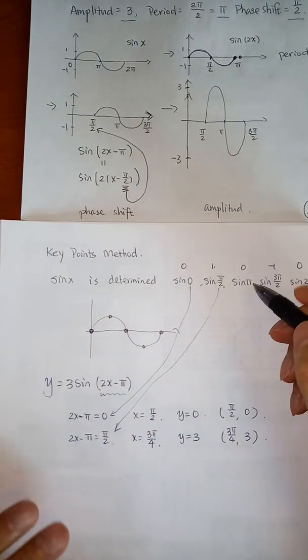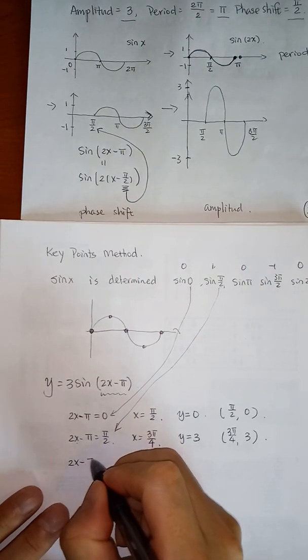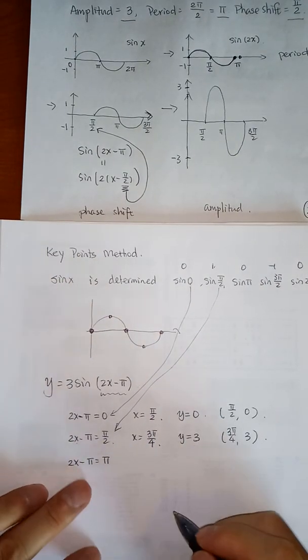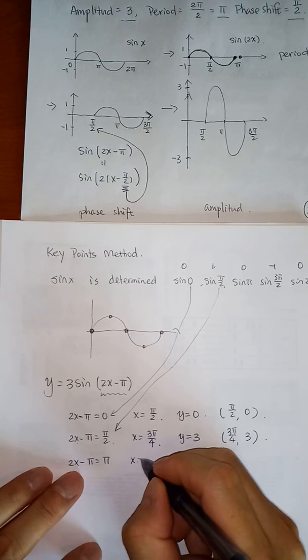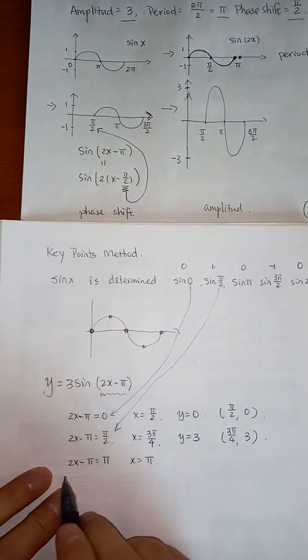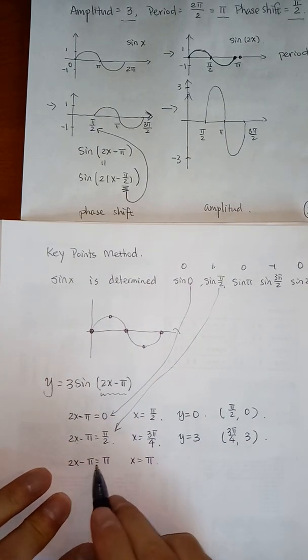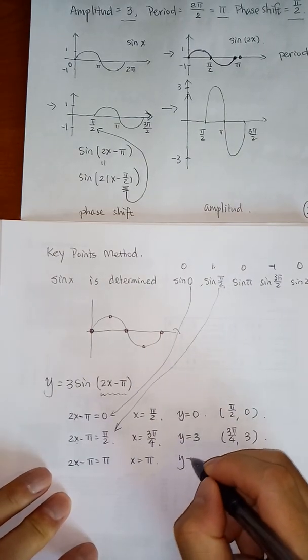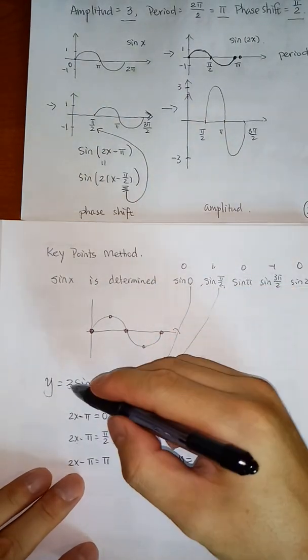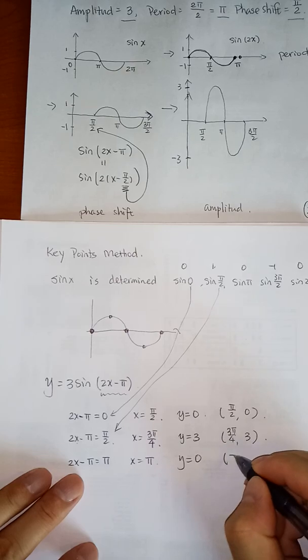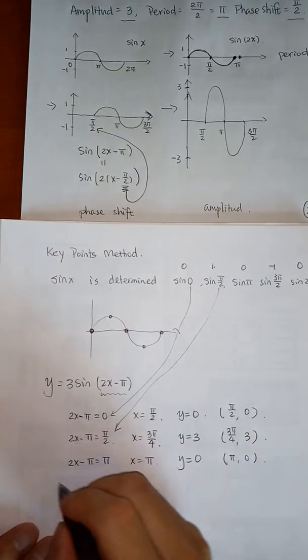And similarly, just repeat. You let 2x minus pi equal to pi, then x is equal to pi. The 2 pi minus pi is pi. Then in this case, you see sine pi is 0. 0 times 3 is 0. So you get pi, 0.